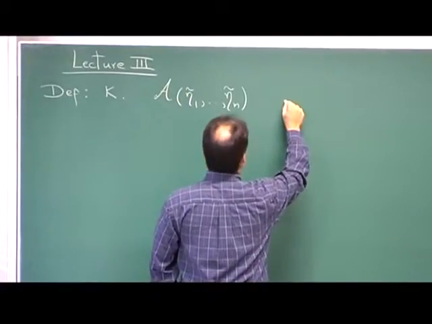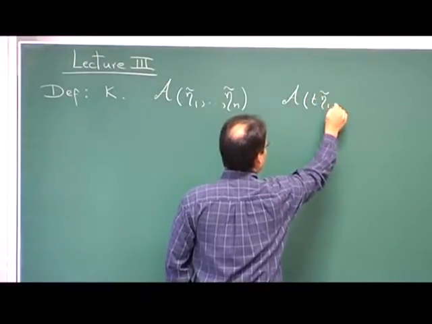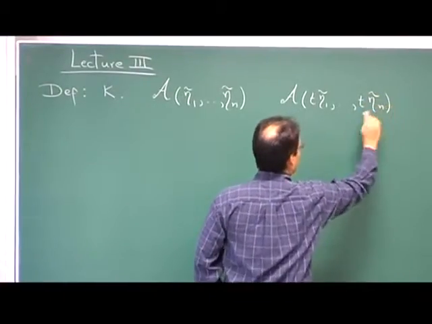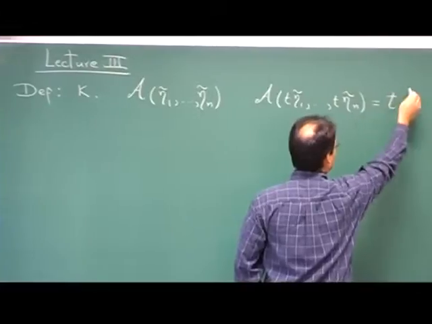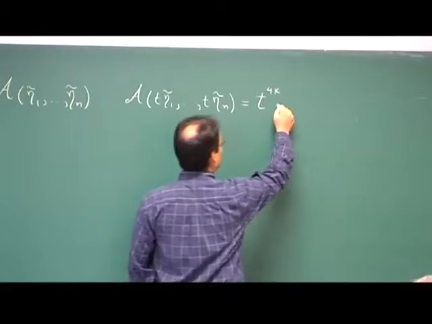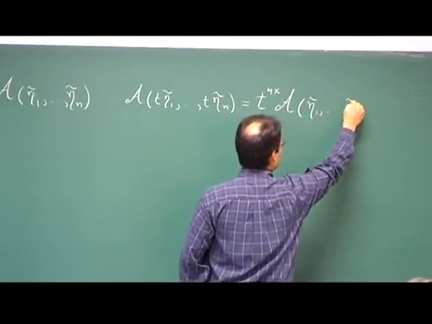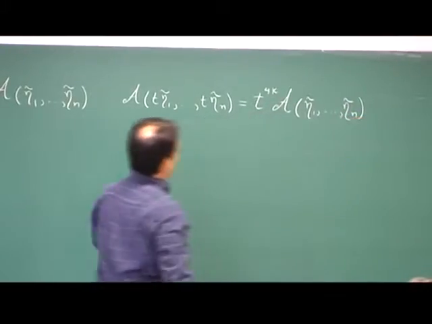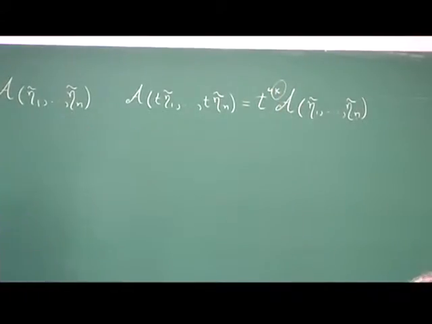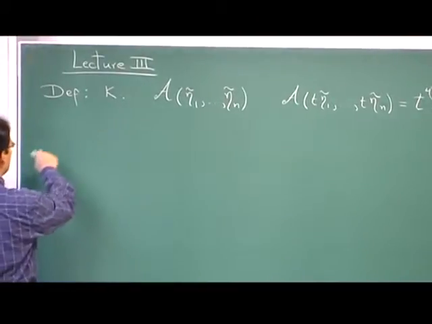So scale all the eta tildes by a parameter, and your amplitude will pick up a factor of this form. And whatever factor appears here would be your K. Okay? So let's see that this definition works.